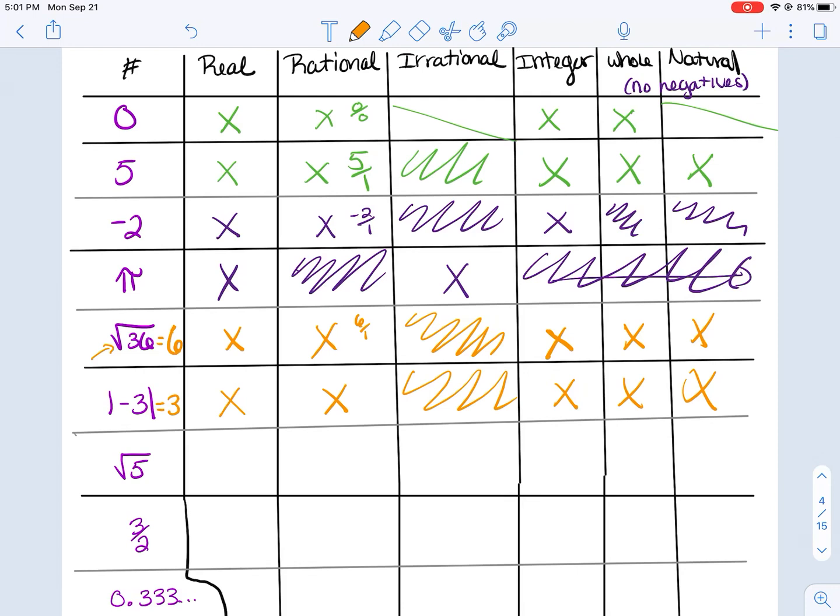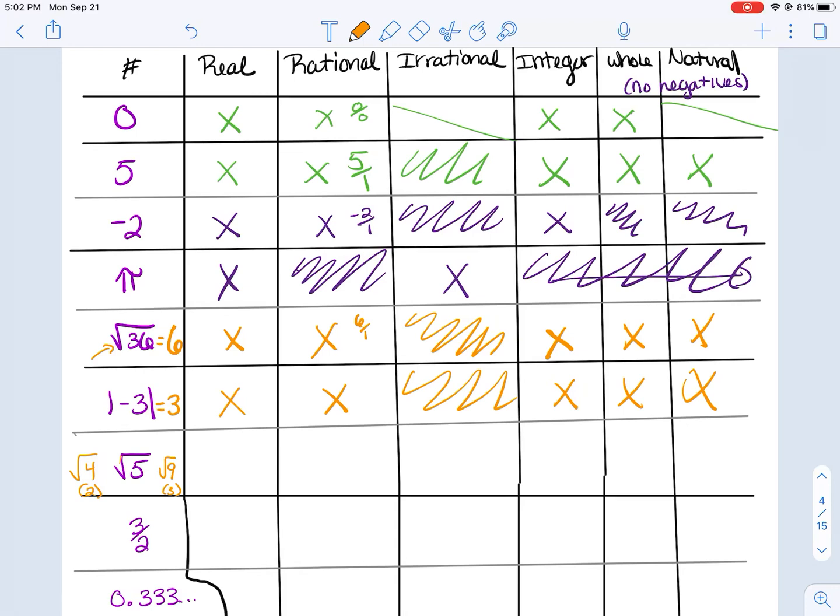Square root of 5. Well, square root of 5 is not a perfect square, right? So I know that it's between the square root of 4, which is 2, and the next one up would be the square root of 9, or 3. So it's somewhere between 2 and 3. I am going to assume that we're going to get a pretty crazy decimal if I can't simplify that radical at all.